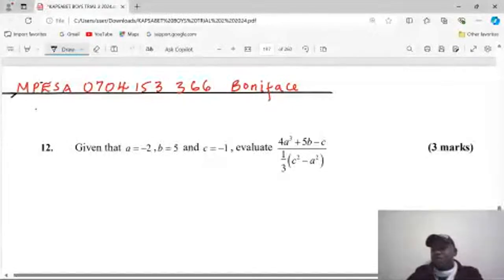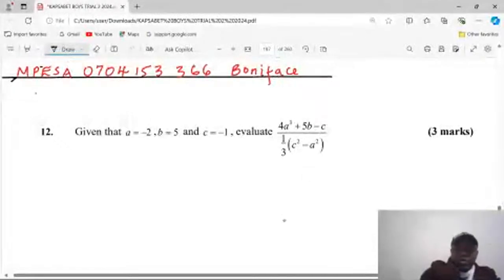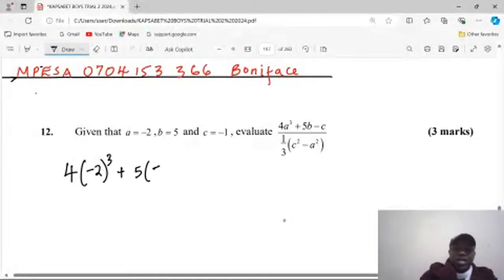This is an obvious or usual substitution question, a concept learned in Form 1 mathematics. Let us look at what we shall get. So we write for A power 3, that will be -2 raised to power 3. Then we add 5, the value of B is also 5. Then we subtract.